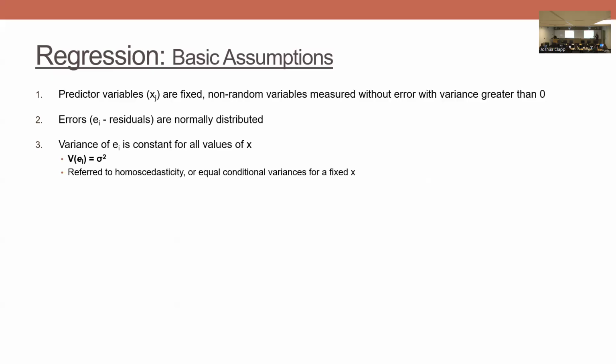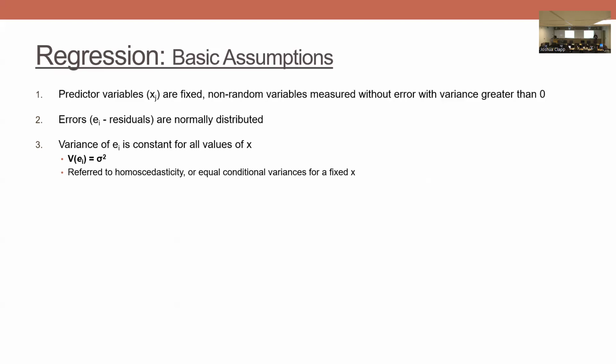This gets into homoscedasticity assumptions, equal variances for a fixed x. So as my x increases, the variability of my errors stays the same. It doesn't get bigger and bigger as the values of my predictor get larger and larger. Okay, we'll talk about what that looks like.